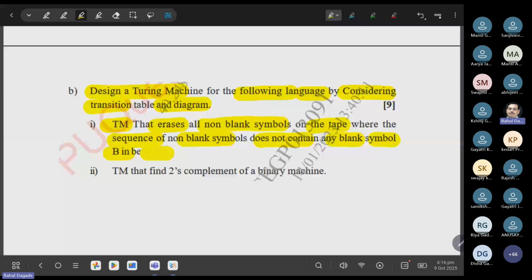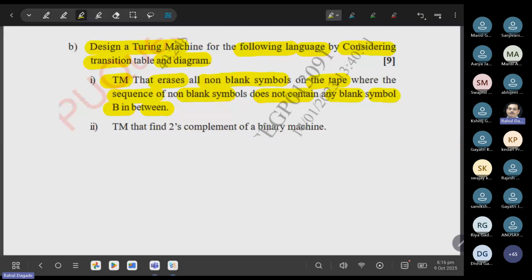We have to remove the non-blank symbols and convert them into blank symbols. A TM that erases all non-blank symbols. Erase means what? Converting into blank. So now what will be our input? Let us see the first problem.